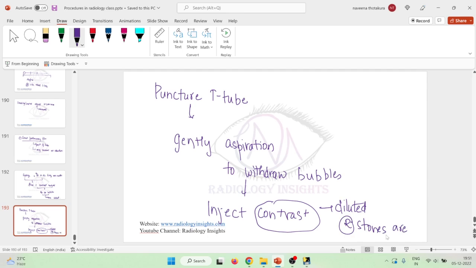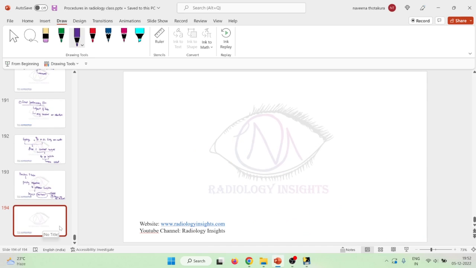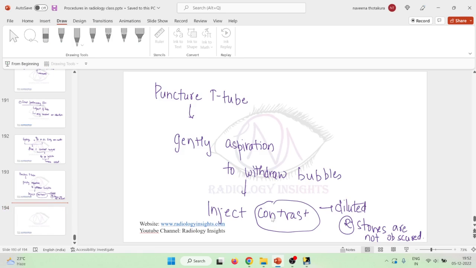Because if you use concentrated contrast, then the contrast can also be visualized as stones itself. The opacity of stones and the contrast will become equal, and we cannot differentiate between the stones and the contrast. As a result, we should make sure that the contrast is diluted.